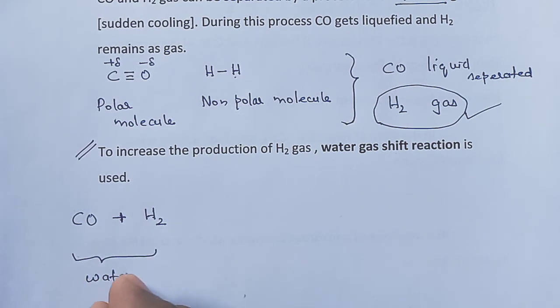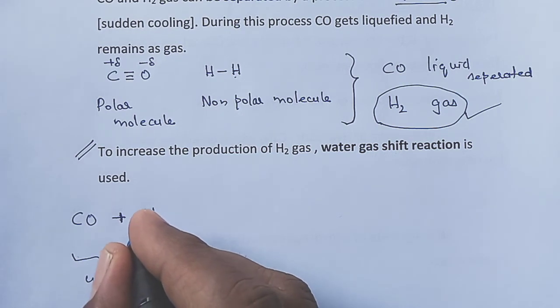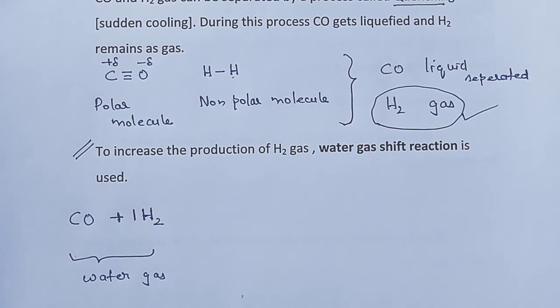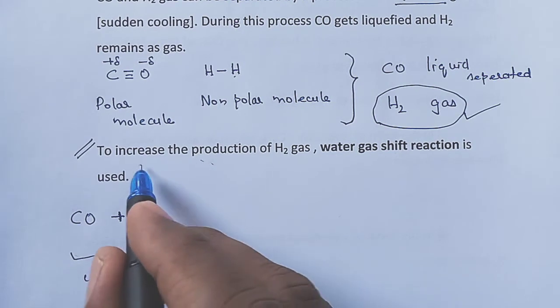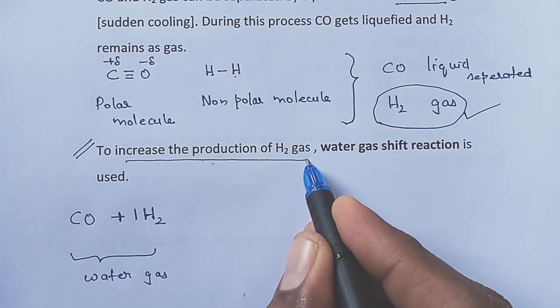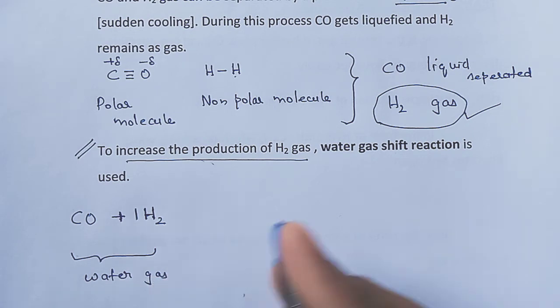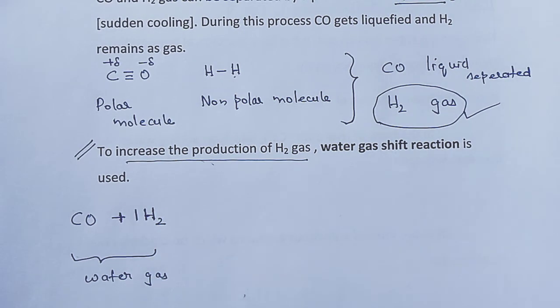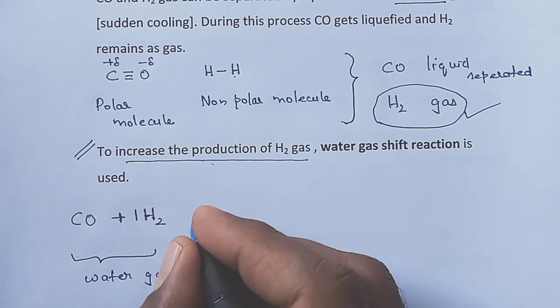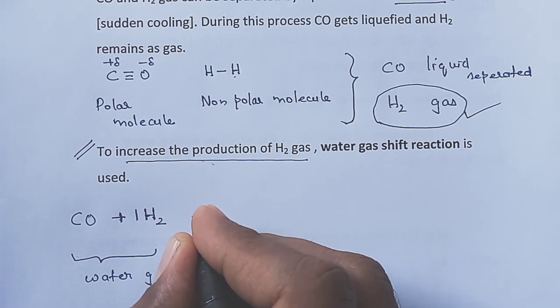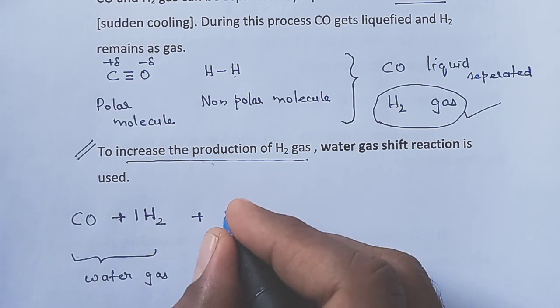Now in this water gas, we are having hydrogen 1 mole. Now you want to increase the amount of hydrogen. Then what we will do is, we will perform water gas shift reaction. What is meant by water gas shift reaction? We will heat the water gas with steam.